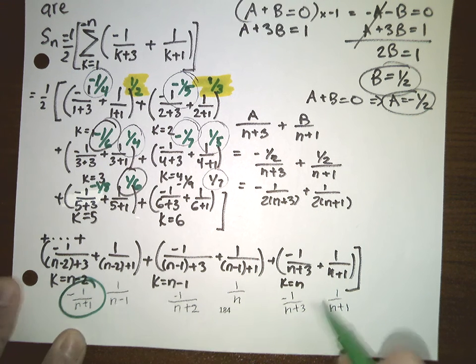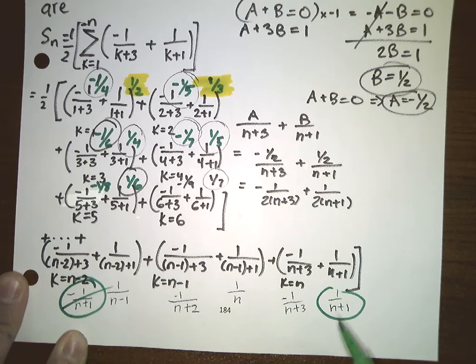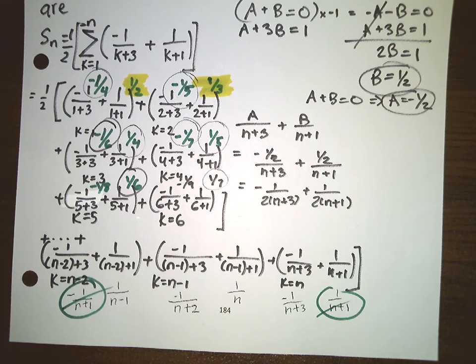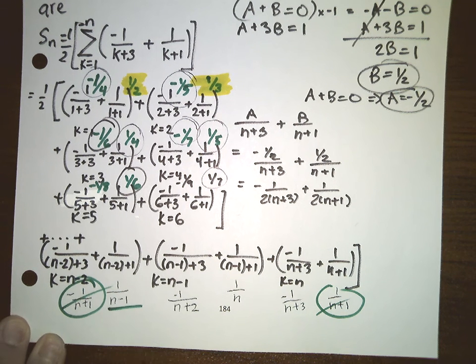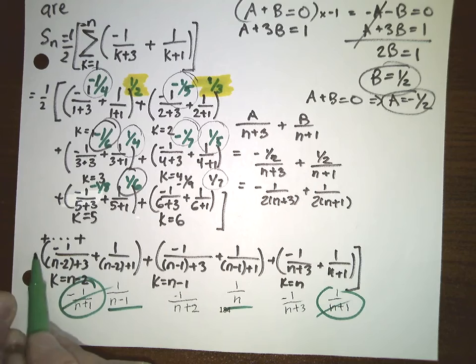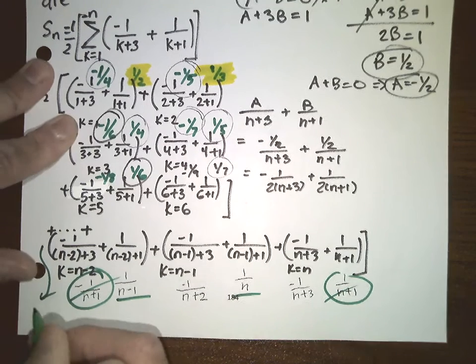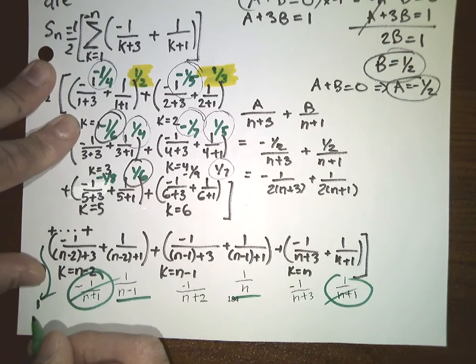So the n plus 1 goes away, and then, believe it or not, what else goes away happens to be the n minus 1 and the 1 over n term. So those would go away with this one over here. That would be when k is n minus 3.